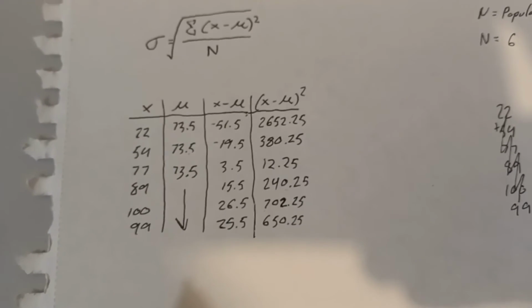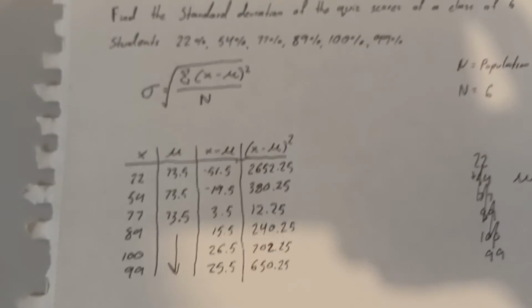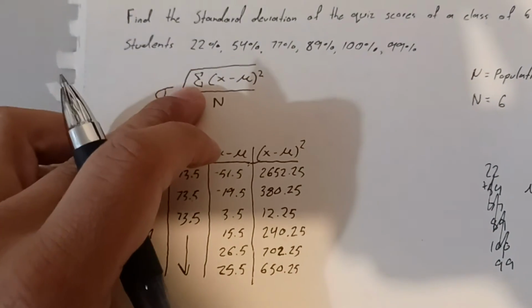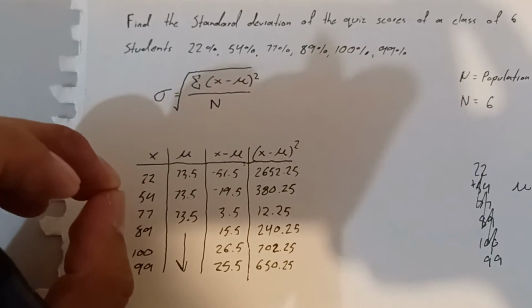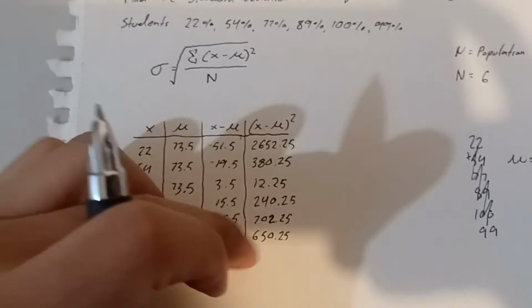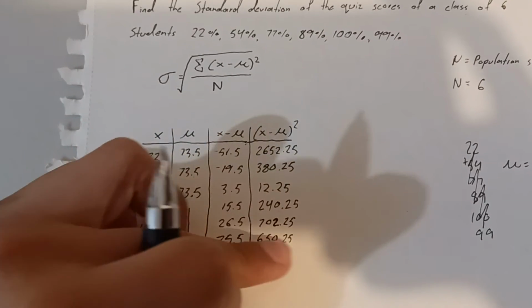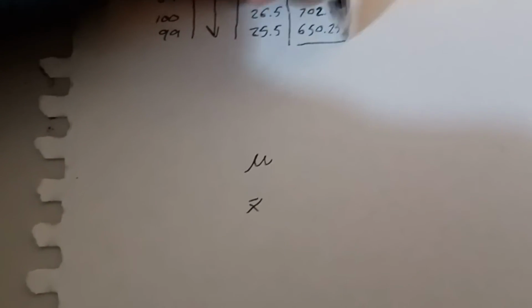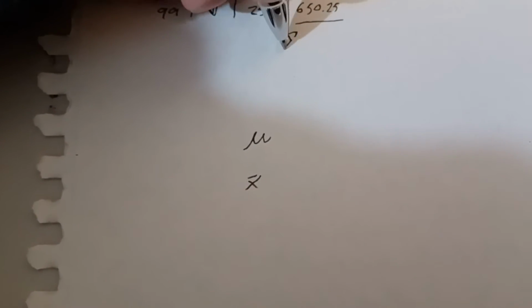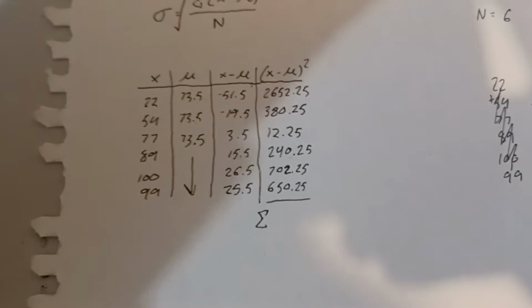So what does the equation want us to do? The sum, that little thing that looks like an E, is a sum. So it wants the sum of x minus mu squared, the sum of all of these values.